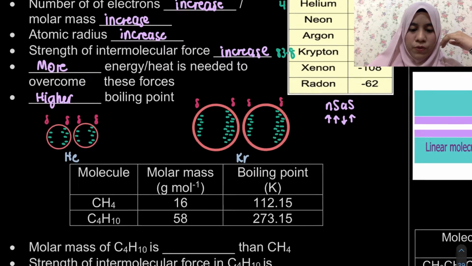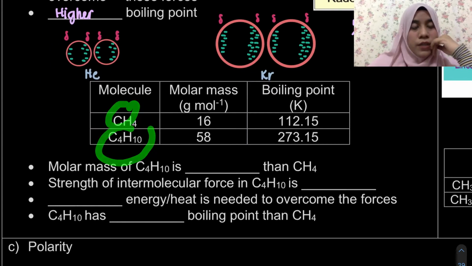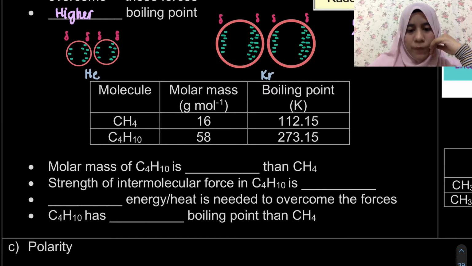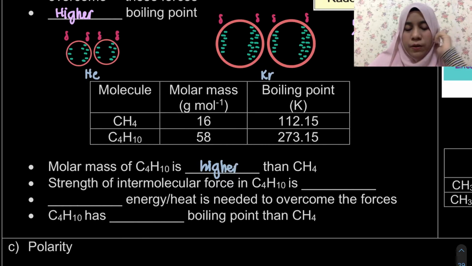The same goes for our case of our methane and butane. So for the case of comparing, how are we going to compare it? First, we're going to mention about the molar mass of our C4H10 is higher than our CH4. So what would happen is that the strength of intermolecular force in our C4H10 is stronger.